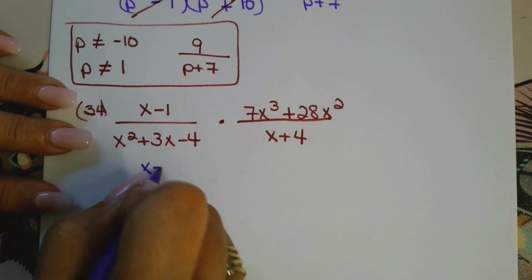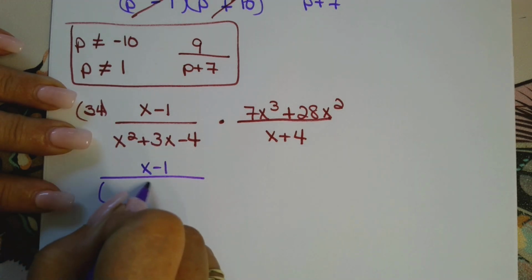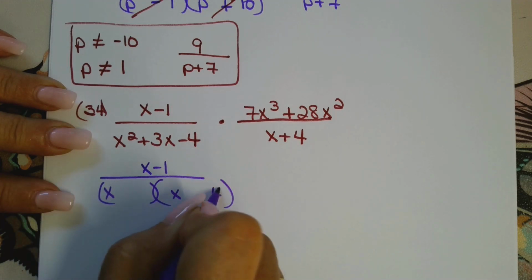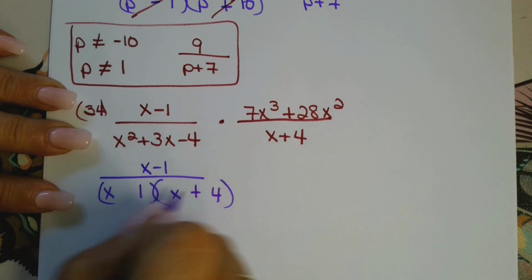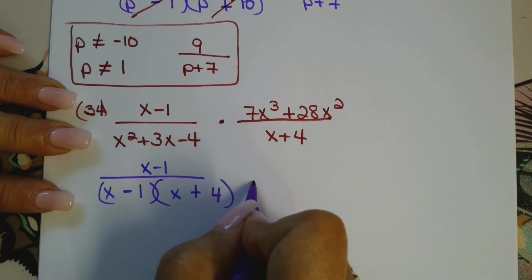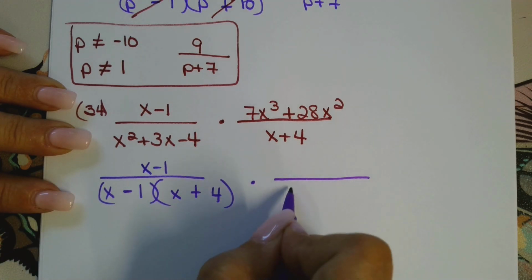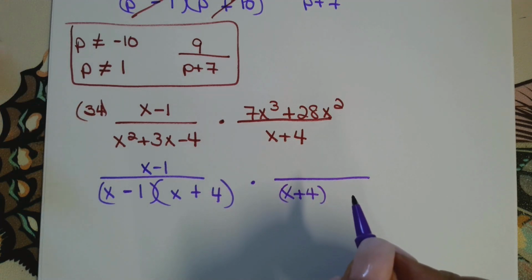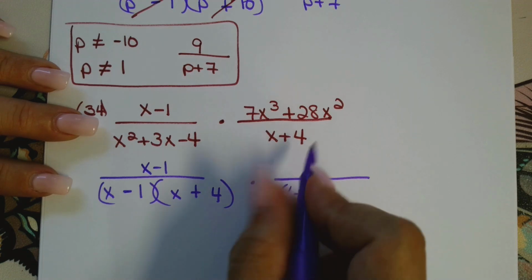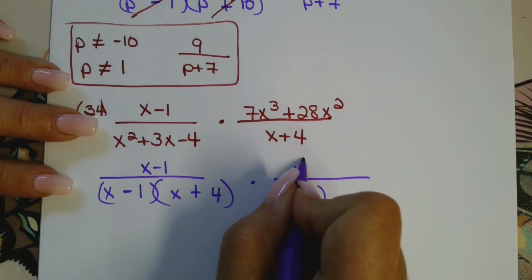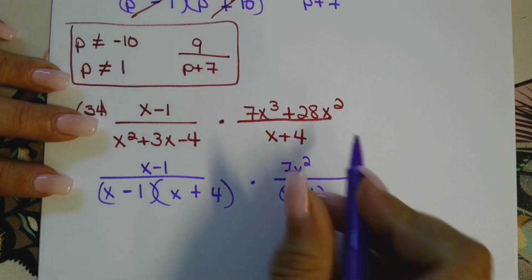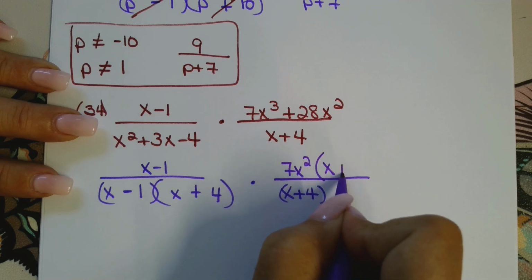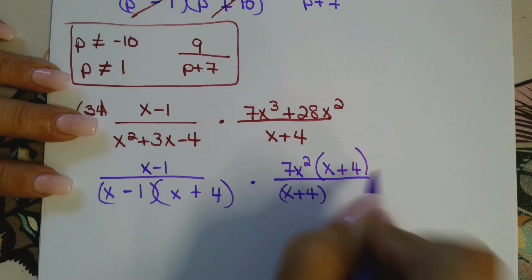So we have x minus 1 down here. We have x and x. We have 4 and 1. Positive and negative. Here we have x plus 4. Up here, I'm going to pull out a 7x squared. And I'm going to be left with x plus 4.